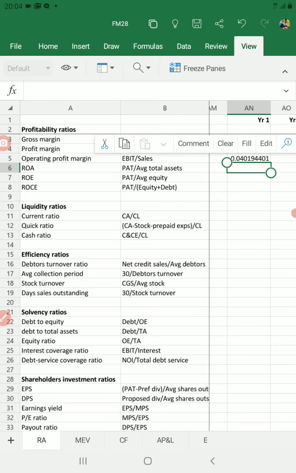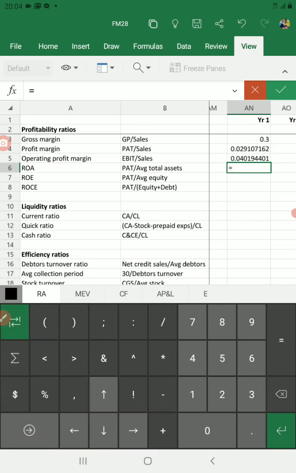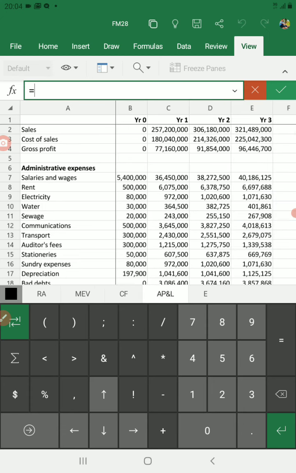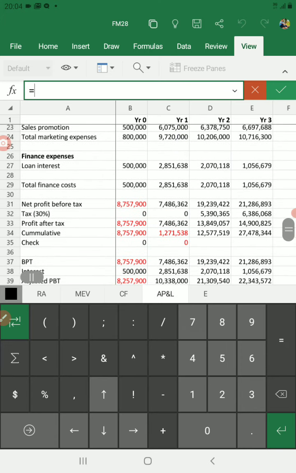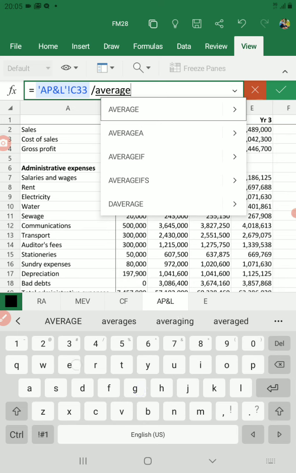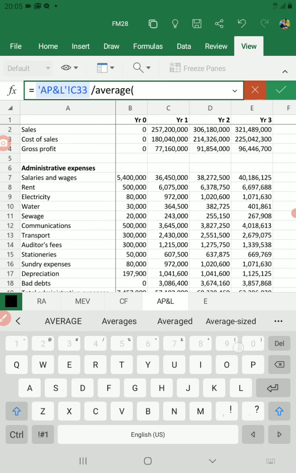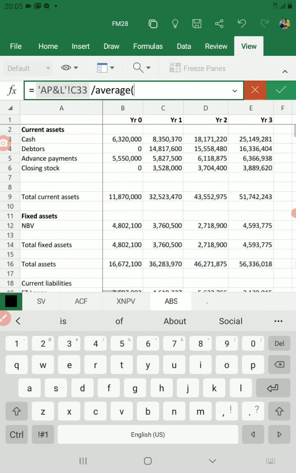I start with the equal sign, profit after tax for the year, annual, profit after tax, this figure, and then divide by average total assets, average, and then open the bracket, and then go to annual balance sheet, here, total assets.